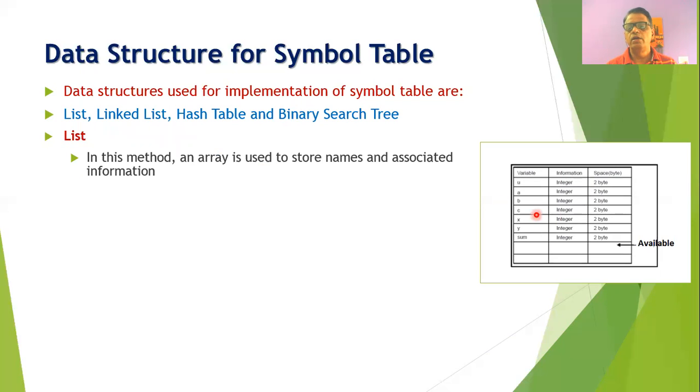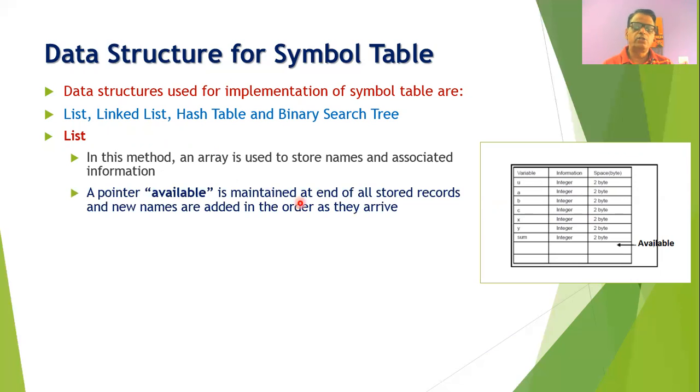So as shown over here, we can have an array where the first column will consist of the variable name and the second column will consist of its data type or other information, and also it will consist of the information related with the space or bytes. So this data structure will have a pointer available, and this pointer available is maintained at the end of all stored records.